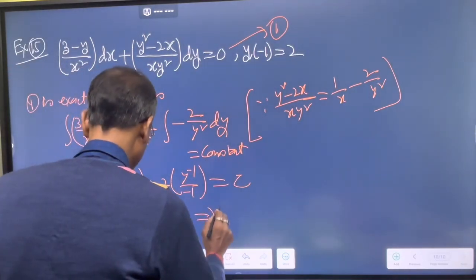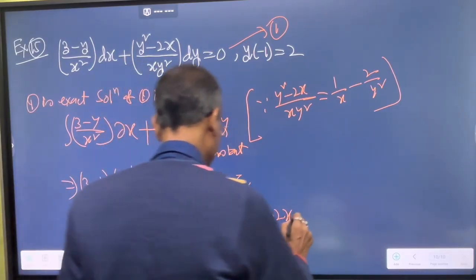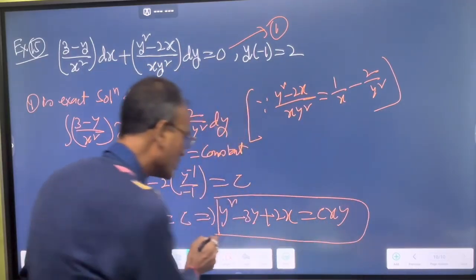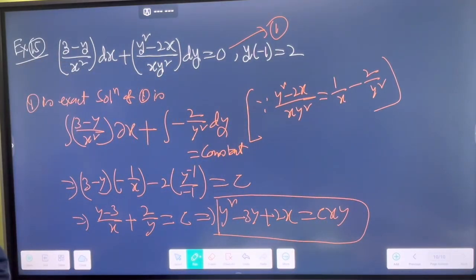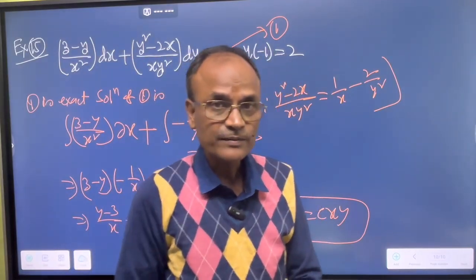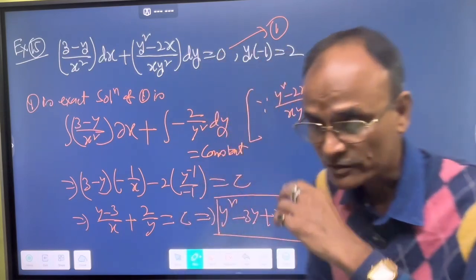Or y square minus thrice y plus twice x equal to cxy.